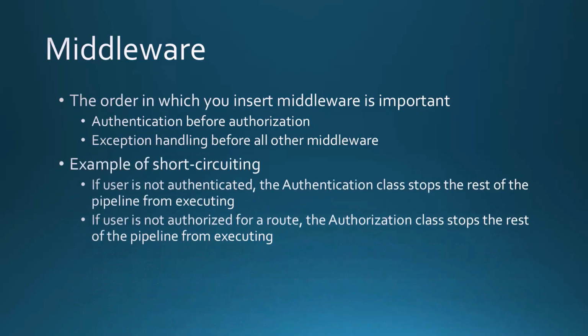An example of short-circuiting, which I mentioned, is if the user is not authenticated, the authentication class just stops the rest of the pipeline from executing. There's nothing they can do on that website. If a user is not authorized for a route, so they've been authenticated, but now they're not authorized for a particular route that they're trying to get to, then the authorization class stops the rest of the pipeline from executing because there's no reason to call that route, no reason to move on. They just send a response back that the user is not authorized.